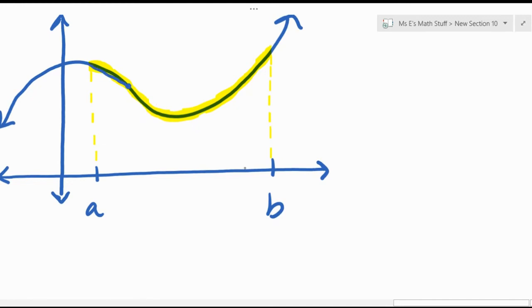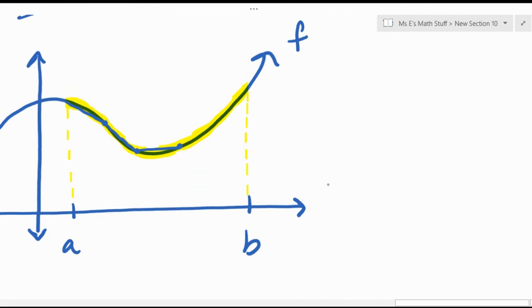So what if we did it 1, 2, 3, 4, 5 times? What if I broke the interval from A to B up into 5 subintervals and did the distance formula 5 times? What would I have?